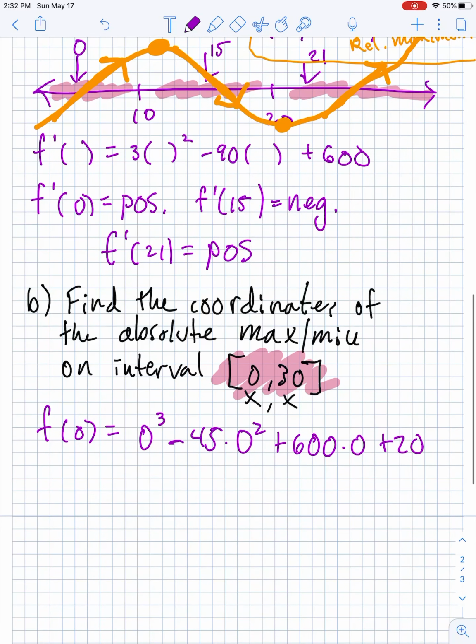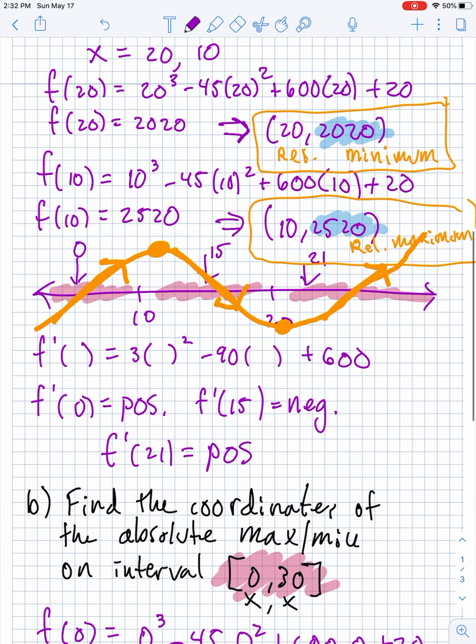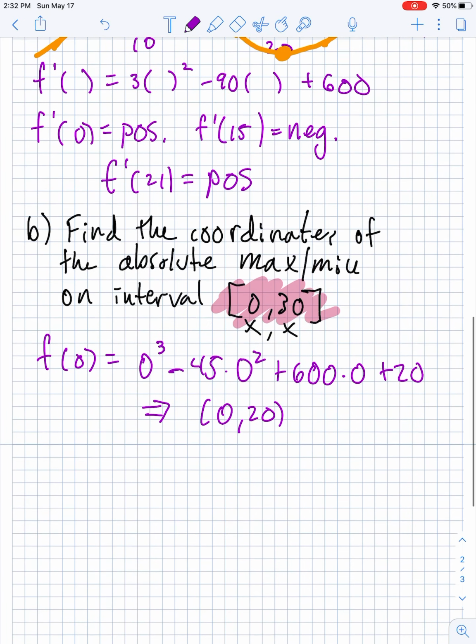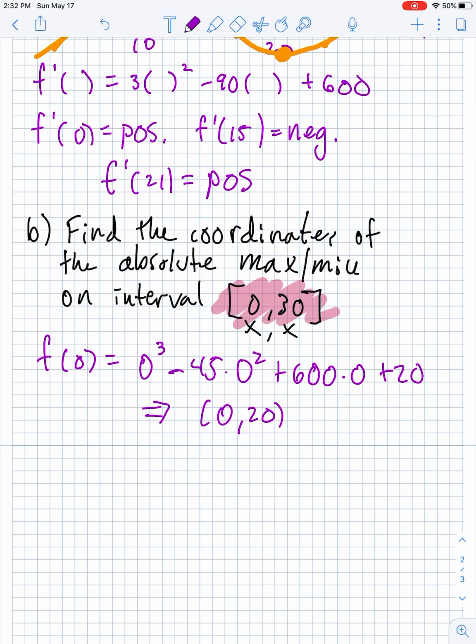So that means the coordinate, when you put in a 0, you get out a 20. Now 20 is way smaller than 2020 or 1520. So that means that this is an absolute minimum. It's the smallest y value that you're going to get on the graph in between 0 and 30. So that's an answer right there.